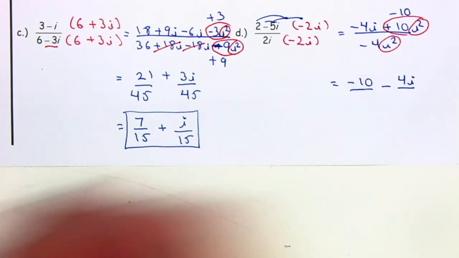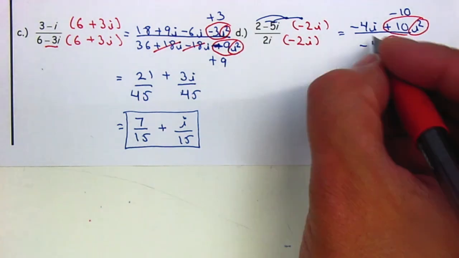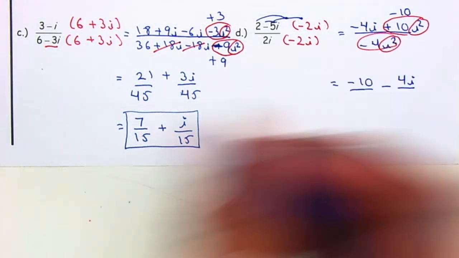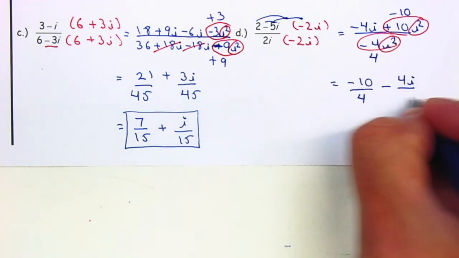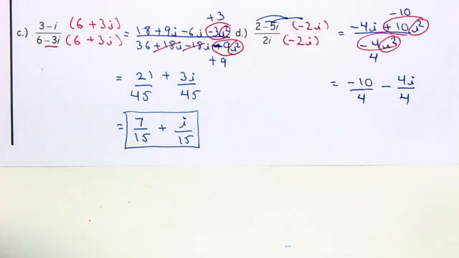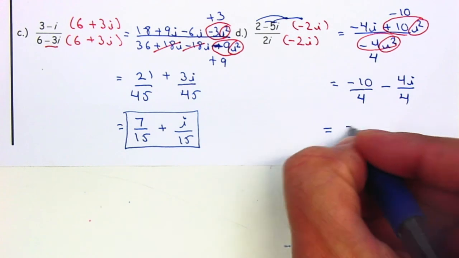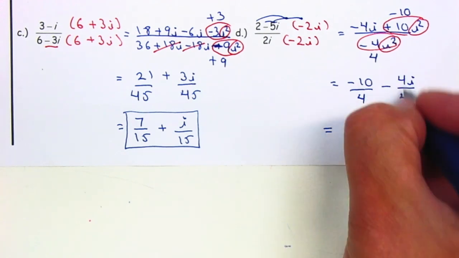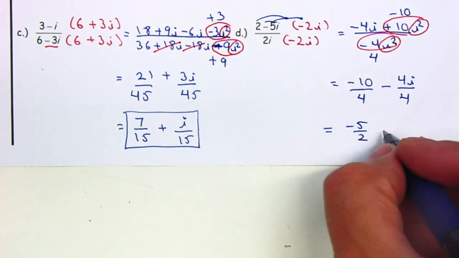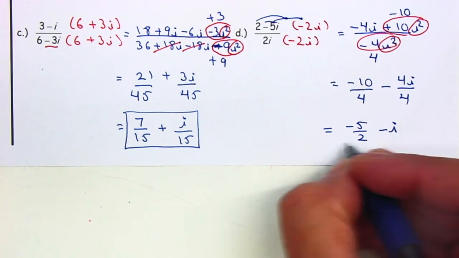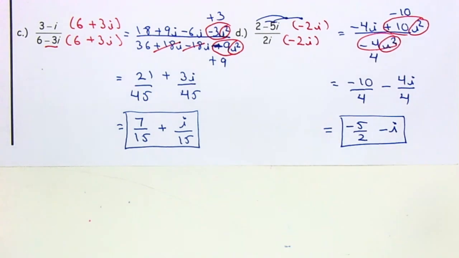This is a negative 1 times negative 4 will give me positive 4. So the denominator will be the same on both. I'm going to reduce my fraction by 2, so it'll be negative 5 over 2. Reduce my fraction, I can divide by 4, so it just gives me negative 1i or negative i. And that's my final answer.